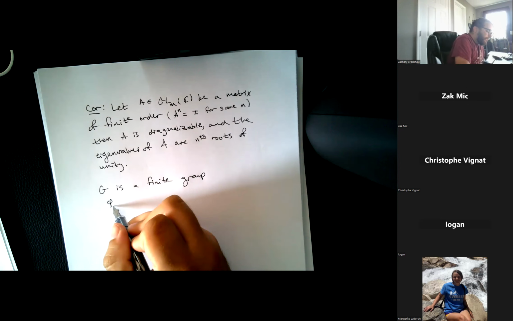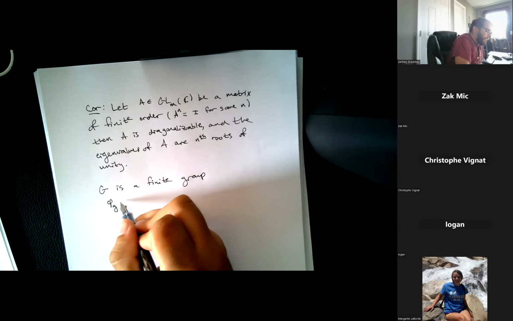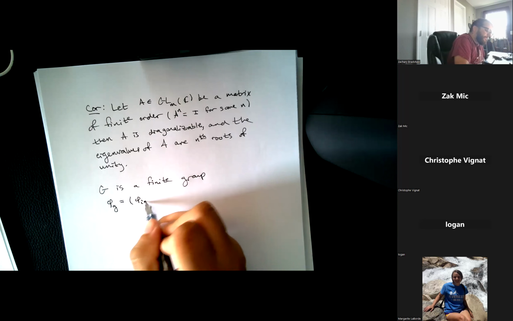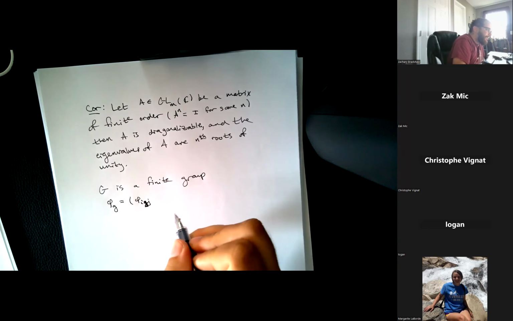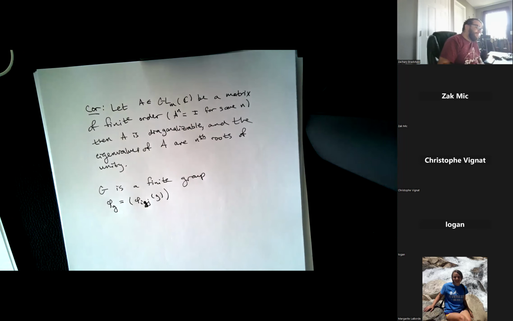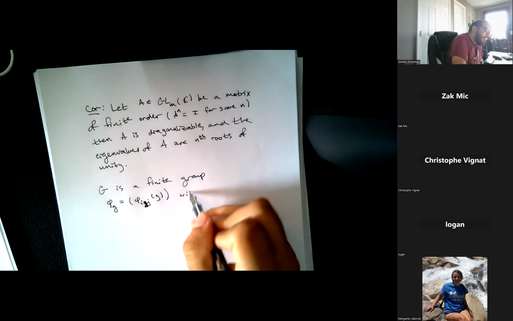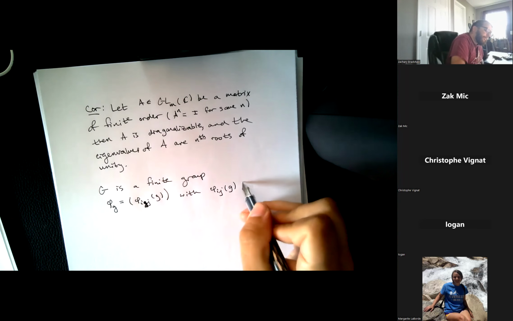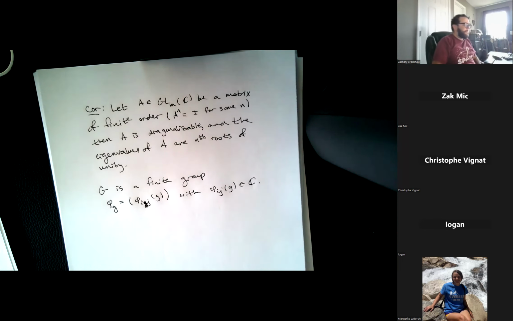We're going to write phi G as a matrix, and so the components, sorry, that should be phi ij, will be functions of G with their image in the complex numbers. So phi G is a linear map, and we can represent it by a matrix. The components of that matrix are going to be these phi ij functions, which depend on G.